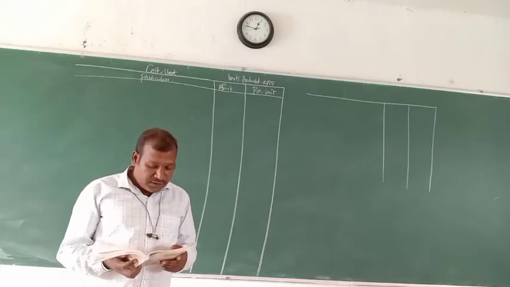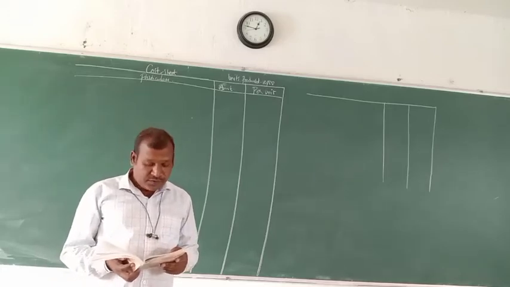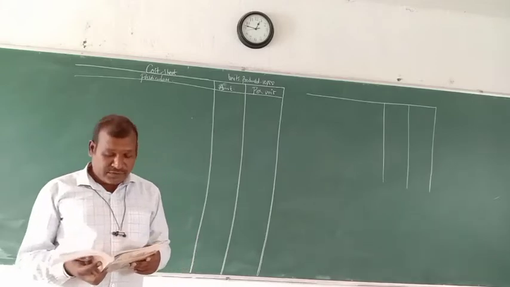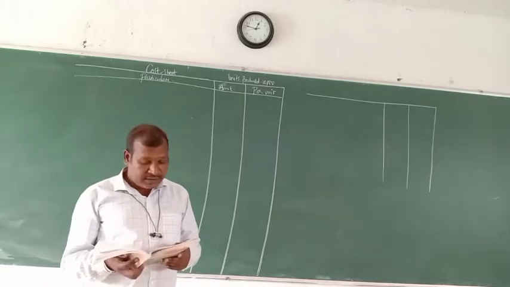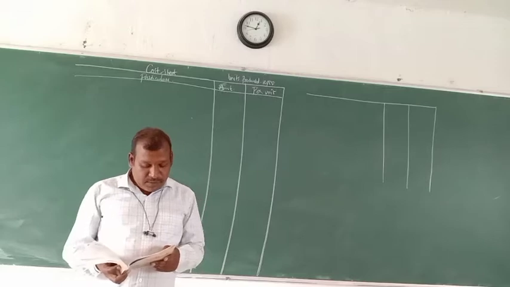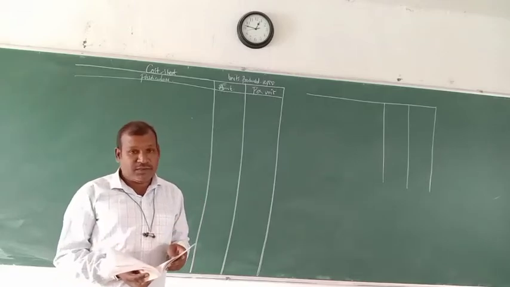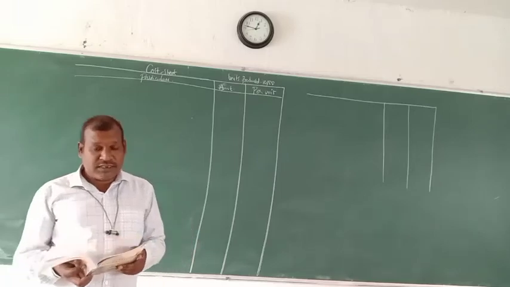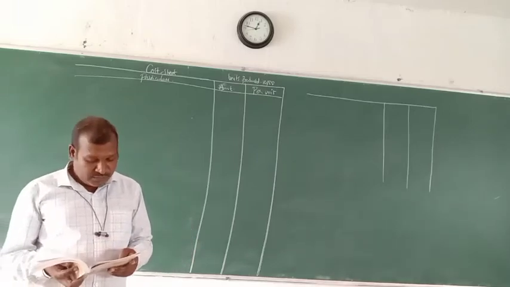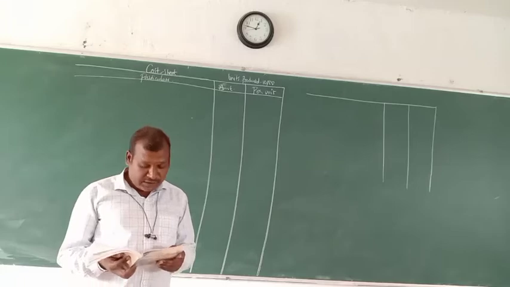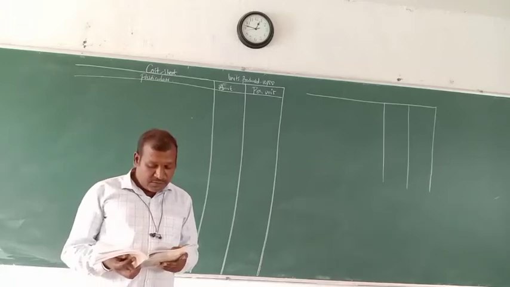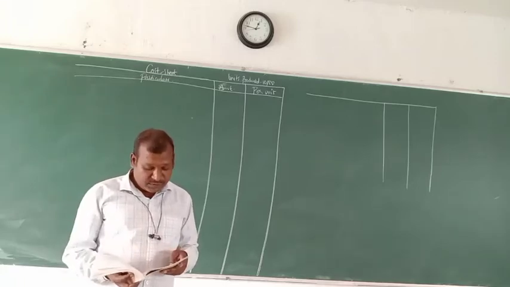Indirect material consumed at office, office means administrative expenses. Office salaries, administrative expenses. Packing material used in the sales department is related to selling and distribution. Salesman salary, selling and distribution. Sales office expenses, selling and distribution.